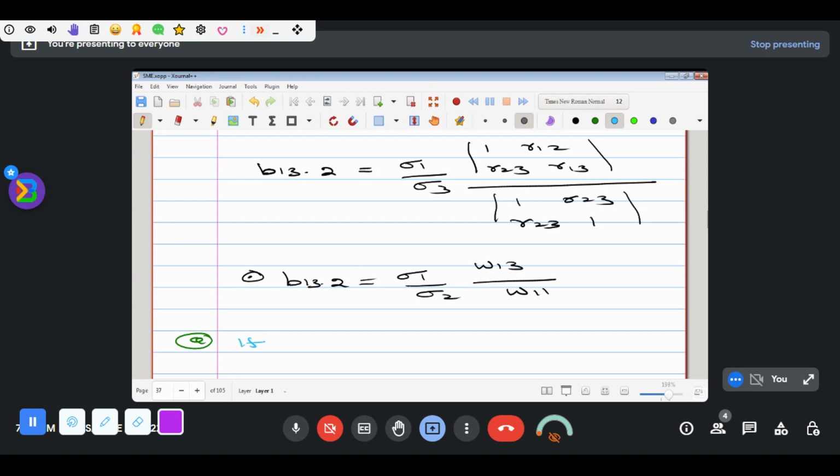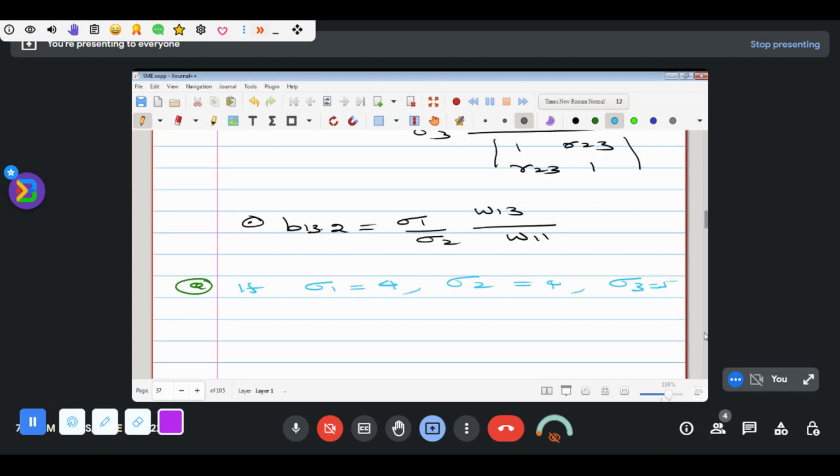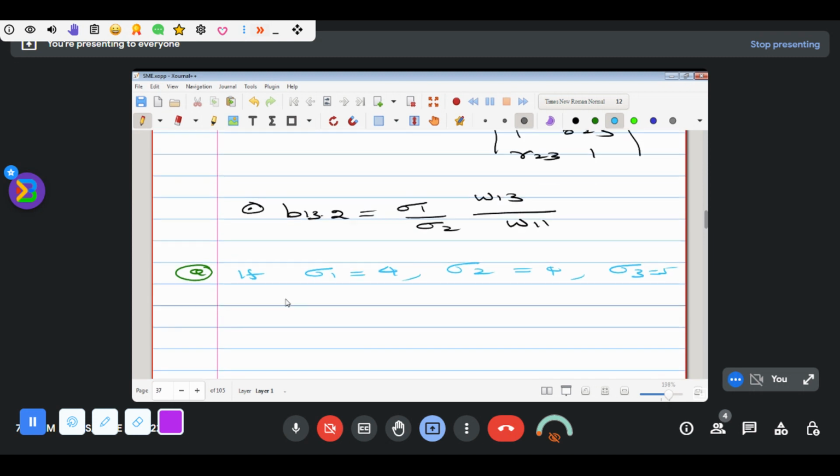The question: if sigma 1 equal to 4, sigma 2 equal to 4, sigma 3 equal to 5, and also given r12 equal to 2, r13 equal to 5, r23 equal to 3, then find first p12.3 and second p13.2.